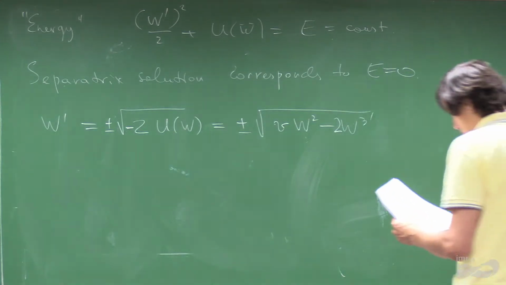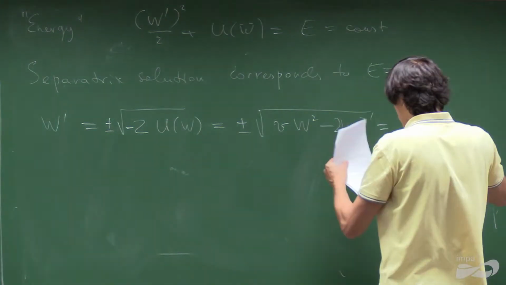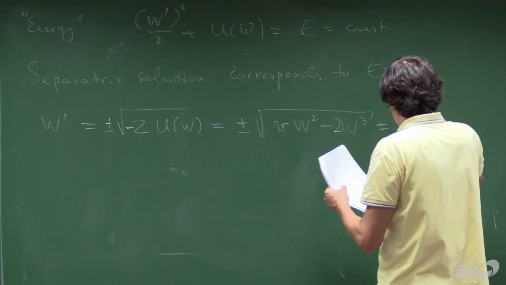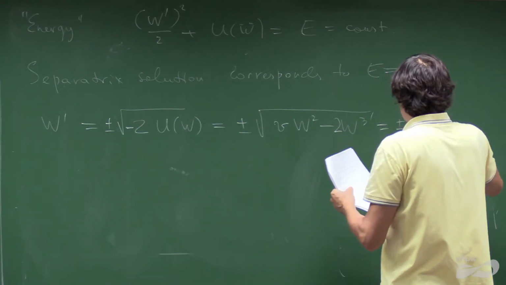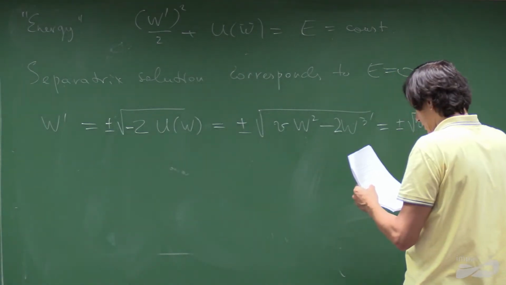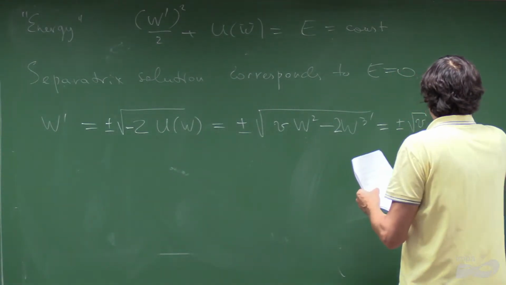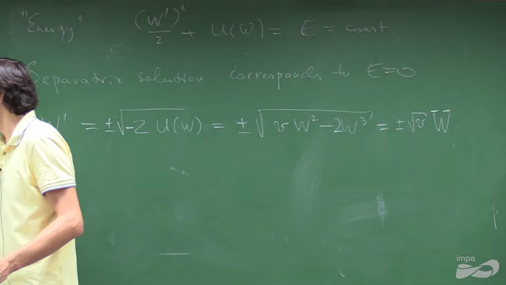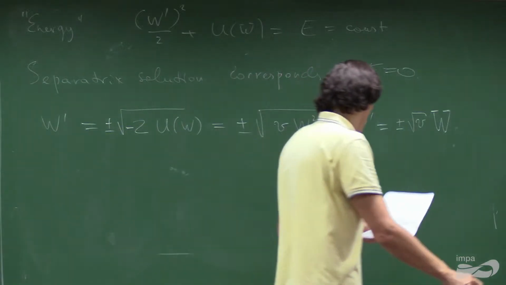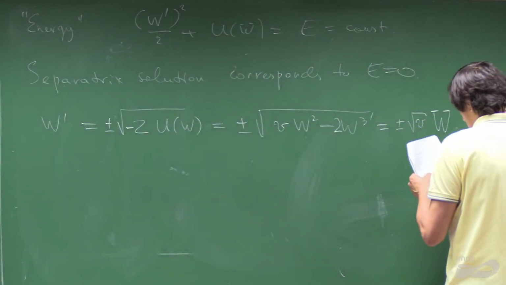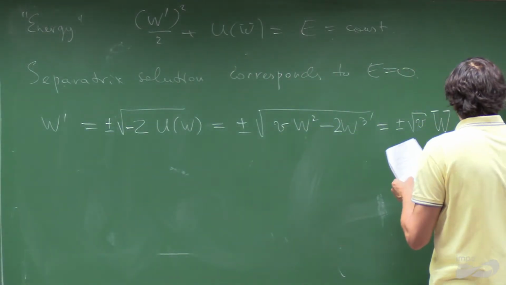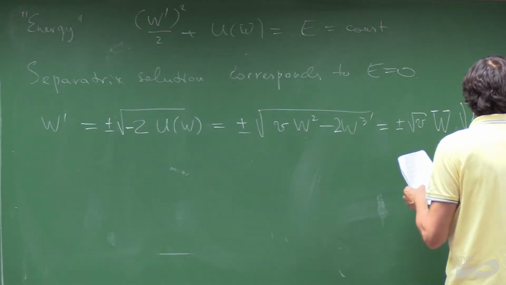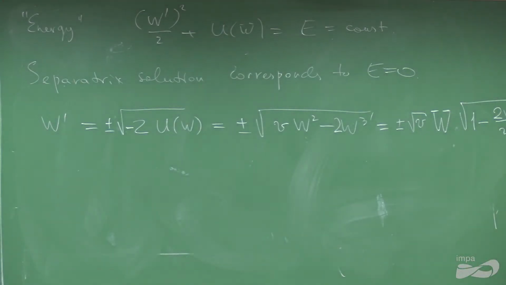And from that, putting out the first term, it will be plus minus the square root of v. v is positive, so we can take the square root. W is, we also know, positive along the whole solution, so we take the square root. So it's the square root of 1 minus 2W divided by v. Okay.